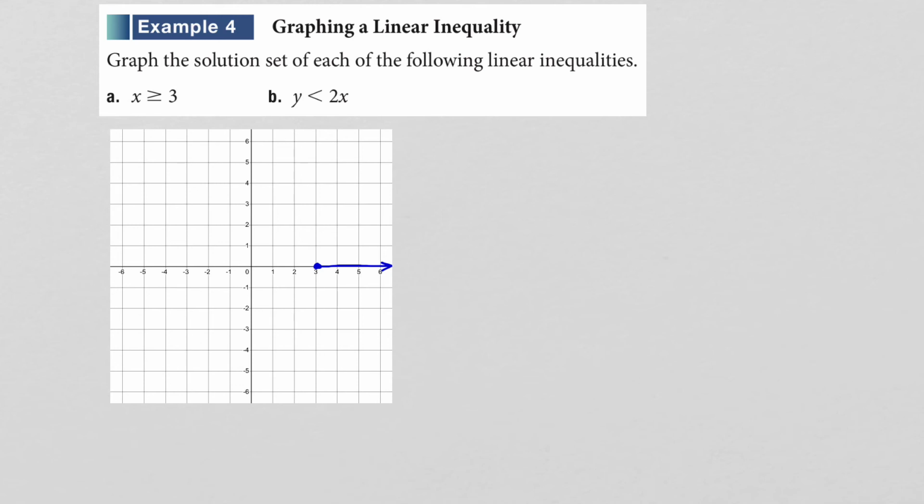So what we do to graph this is you think of what would x equals 3 look like. And we know that x equals 3 would just be a vertical line at 3. So then x is greater than or equal to 3 is going to be all the points on either the left side of the line or the right side of the line that satisfies this inequality.